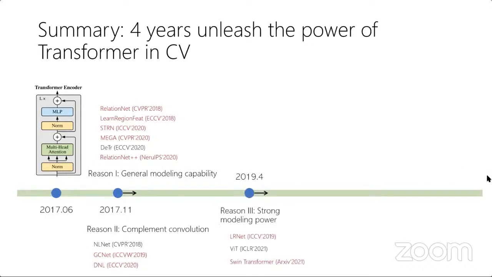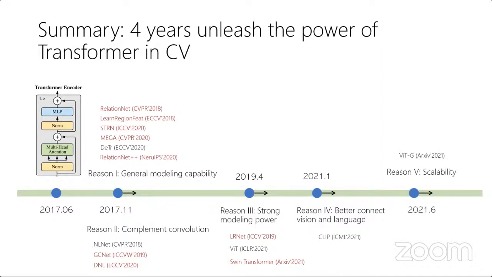The third merit is its strong modeling power. This merit encourages stronger transformer backbones than convolution backbones, typically including ViT and Swin transformer. The fourth merit is that it can benefit the combination of vision and language due to unified modeling.